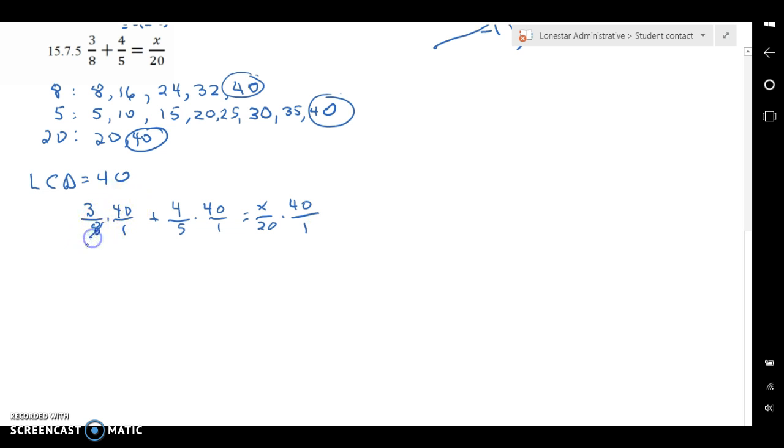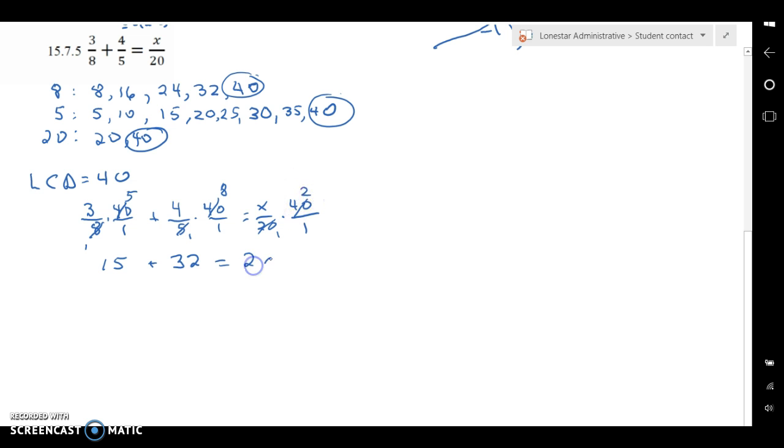8 goes into 8 one time, and 8 goes into 40 5 times. So we have 3 times 5 is 15 over 1, which is 15. 5 goes into 40 8 times, and 5 goes into 5 one time. So we have 4 times 8 is 32 over 1, which is just 32. And 20 goes into 20 once and into 40 twice.